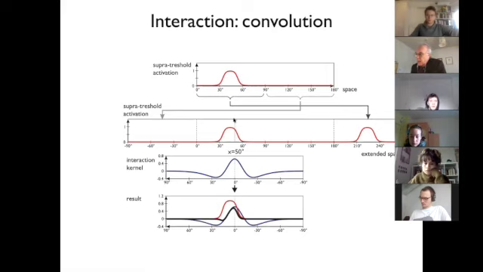Now, at any given location, what you do then is you sum over the entire field. So you integrate over all the x prime that you have taken input from. Here, in this finite field, that would be from -90 to +90.